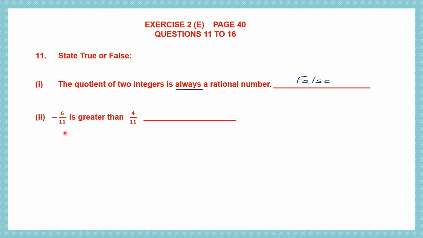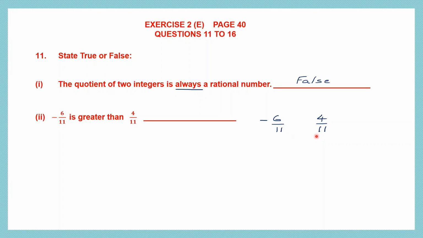Question 2. Minus 6 by 11 is greater than 4 by 11. Let's work it out and see. When we compare two numbers, minus 6 by 11 and 4 by 11, we have to see what kind of fractions these are. Since the denominators are the same, they are like fractions. So we just have to look at the numerators, and the greater numerator will make the greater fraction.